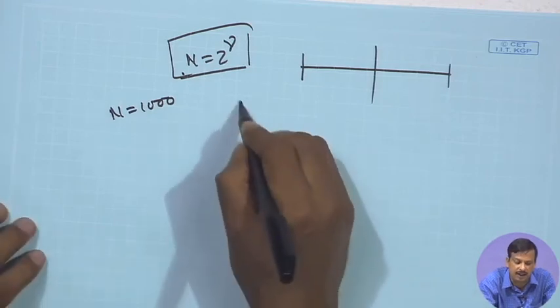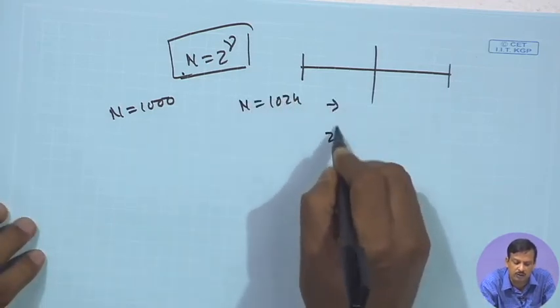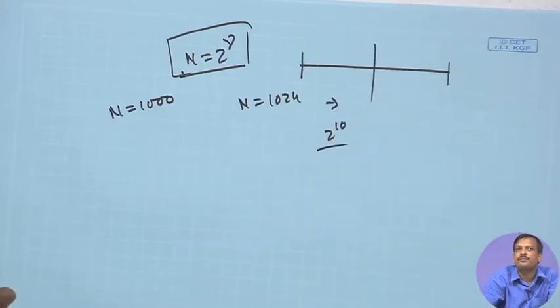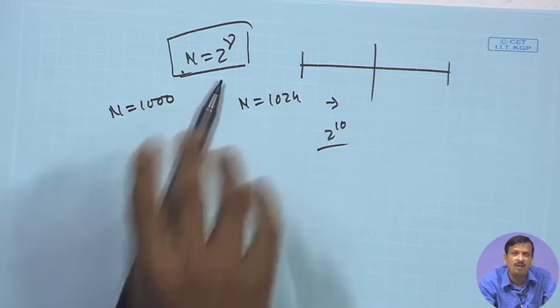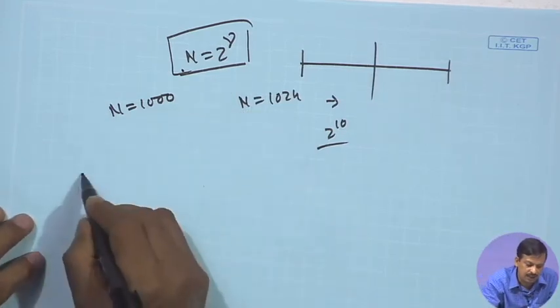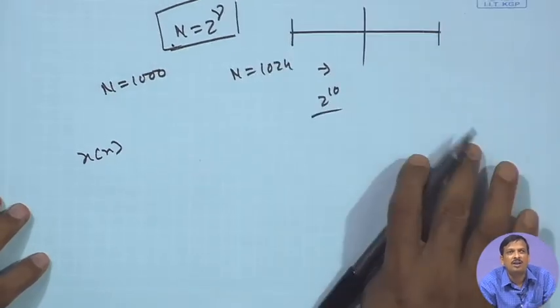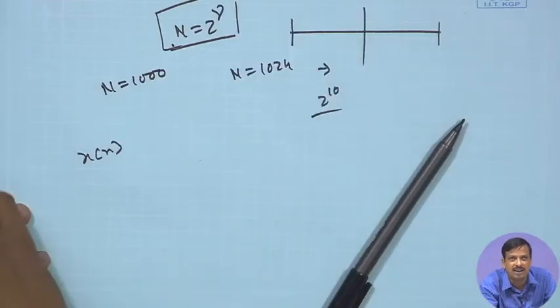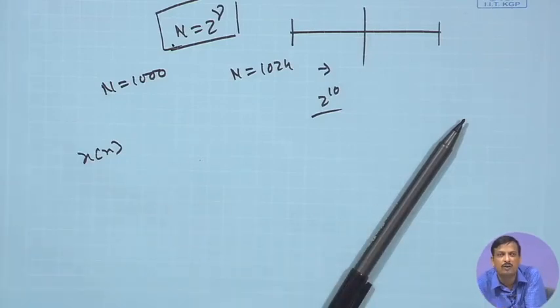So, if I take N equal to 1024, then I can say okay, it is nothing but 2 to the power 10. So, this is the restriction of the radix 2 algorithm. That is why it is called the radix 2 algorithm. Then the whole signal x[n] either can be broken in the time domain, or I can use the whole x[n] and break the computational output, which is the frequency domain output, into a small number of chunks.